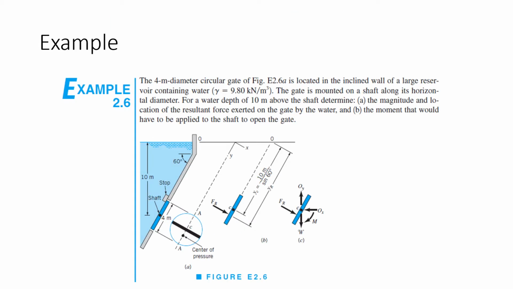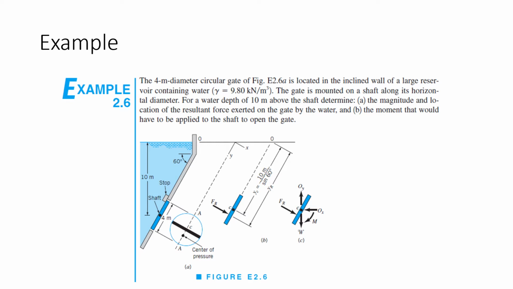In light of the three formulas I explained earlier, we have to find the hydrostatic force which is acting on this circular gate due to this water. So we are moving towards our first problem, and the problem says the 4-meter diameter circular gate as shown in figure is located in the inclined wall of the large reservoir containing water.